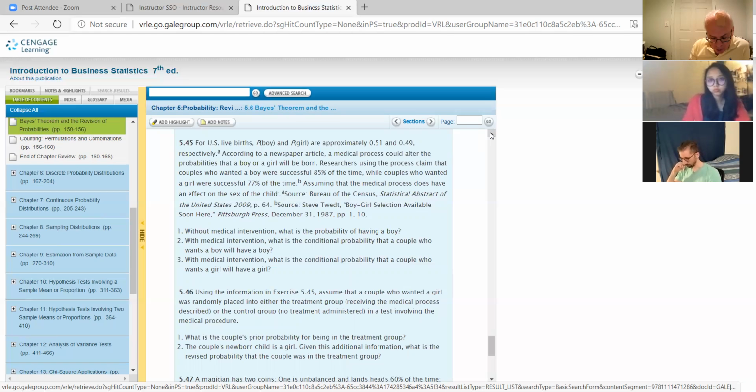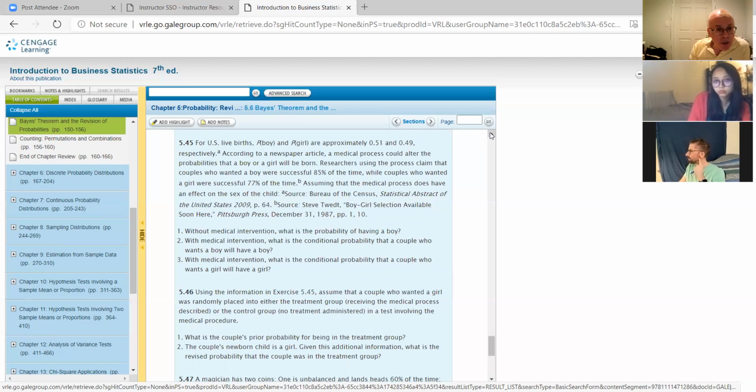How about part A? What's the probability without medical intervention of having a boy? This seemed extremely straightforward. 0.51. Correct. Now, the second question, notice that they talk about a couple who wants a boy.